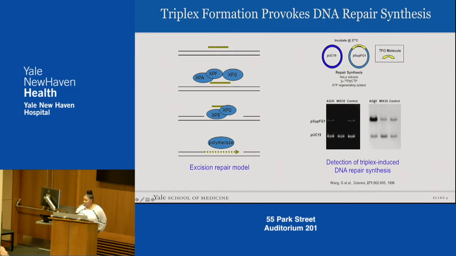And as you can see with our triplex that we designed to target this reporter gene, we can see an increase in the amount of radioactivity incorporated in its presence. We then went on to do other experiments to prove that this repair synthesis is dependent on nucleotide excision repair. So we knew that triplex formation was recognized by the cell as DNA damage, and this was dependent on nucleotide excision repair.